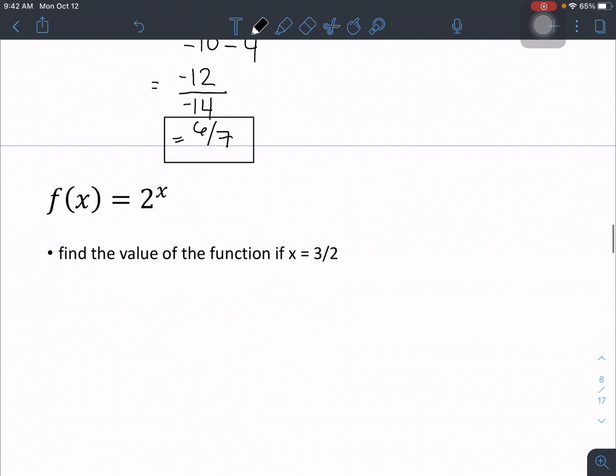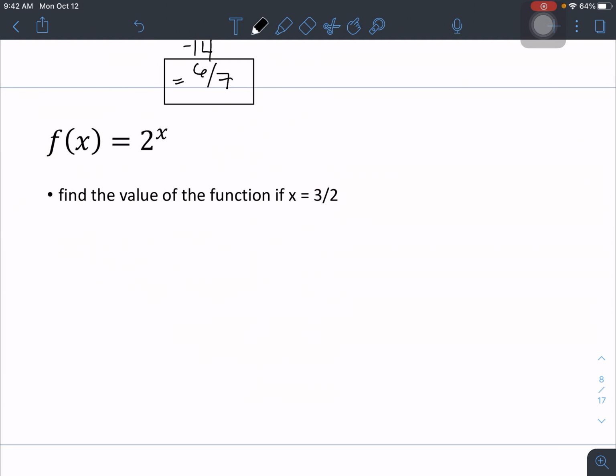Next one. So 2 raised to x. Given that f of x, x is equal to 3 over 2. So let us find the value of this function. So this will be 2 raised to 3 over 2. Okay. So we can transform this equation into a simpler one.